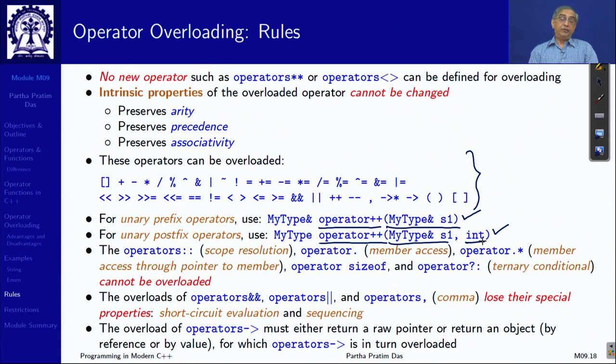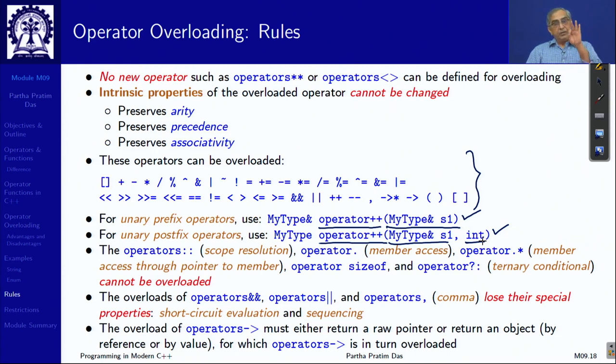Last but not the least, if you overload the pointer operator, the indirection operator, then that must return a pointer. And you will not understand this fully now.